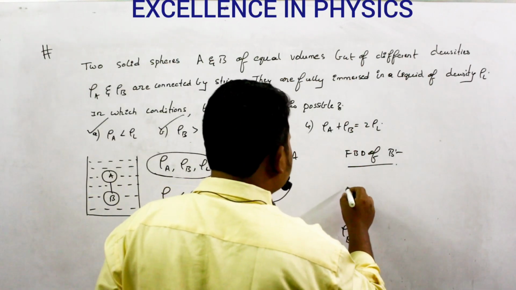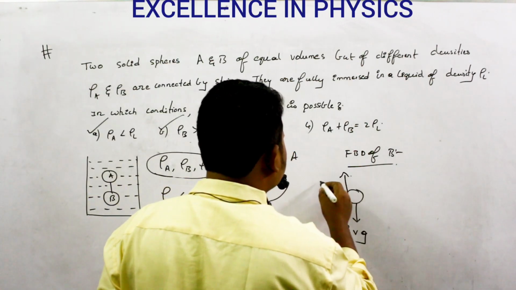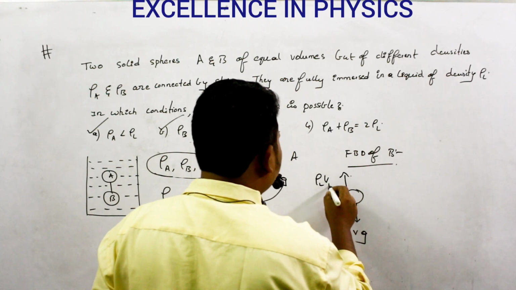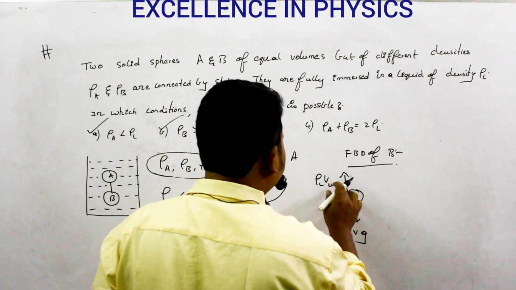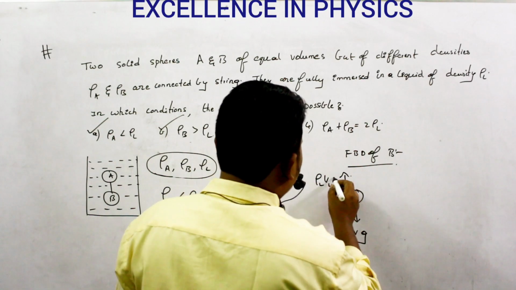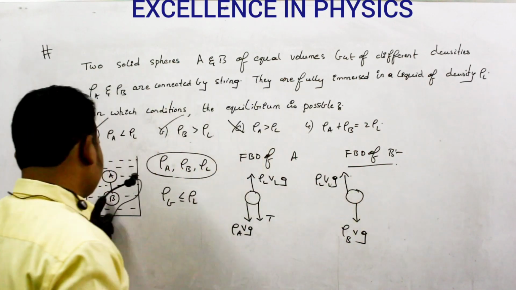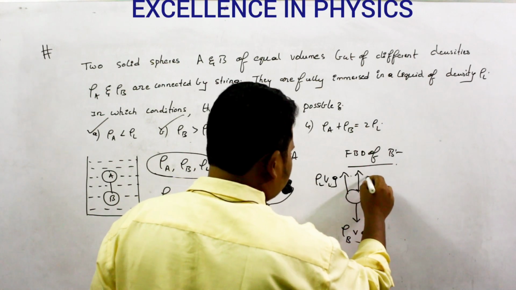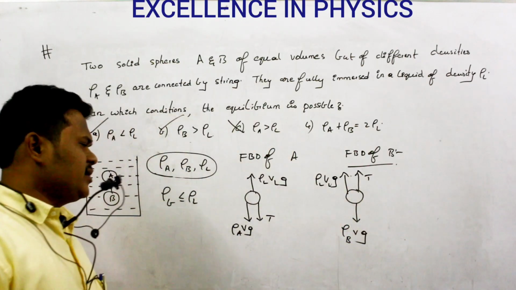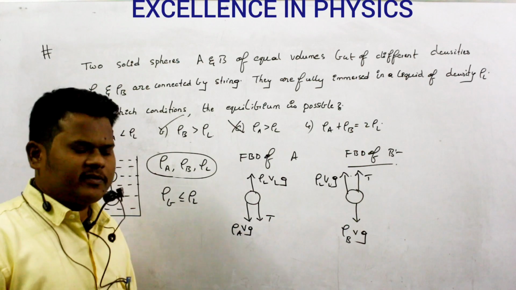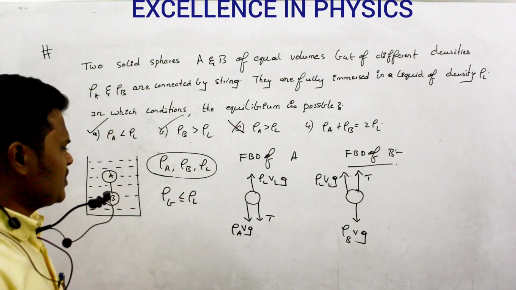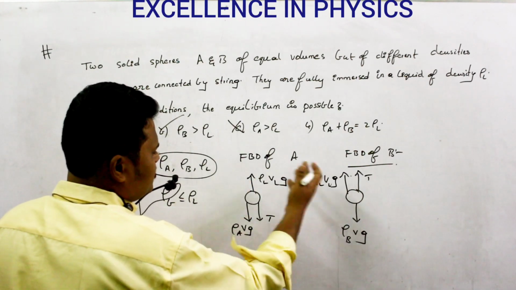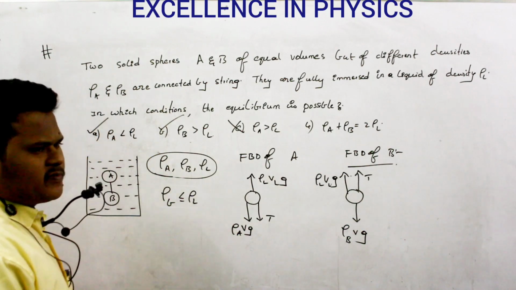One more force acting upwards is the force of buoyancy, rho L VL into g. And the tension connected here is trying to pull this body upwards, because we have already studied that tension always acts away from the tied end of the system. These are the two free body diagrams we have drawn.